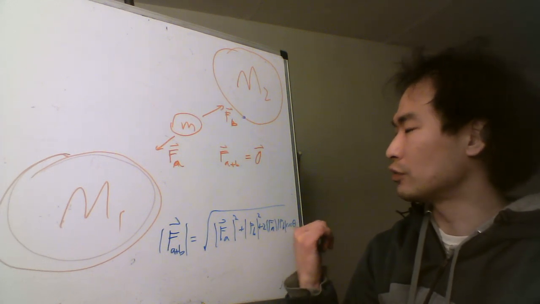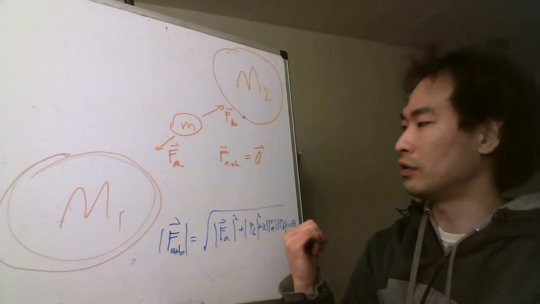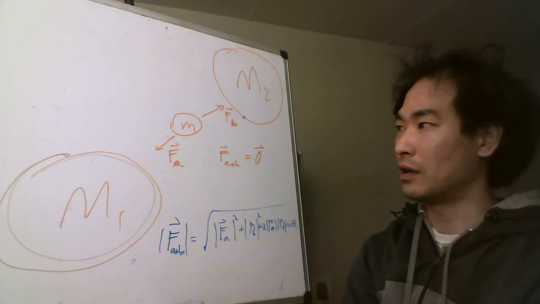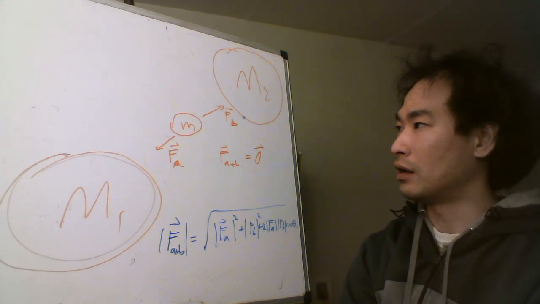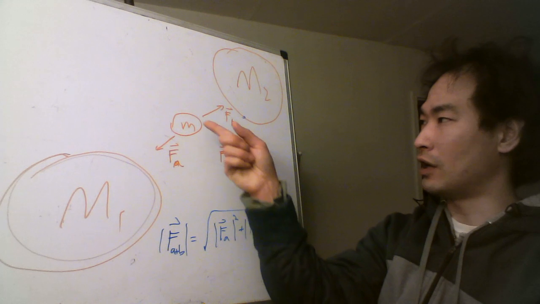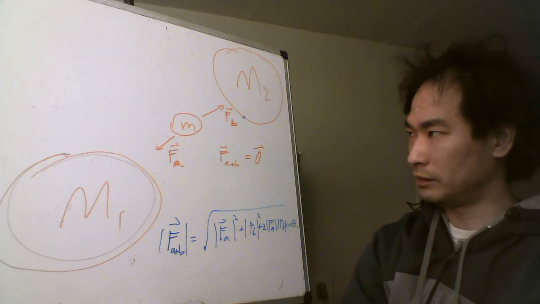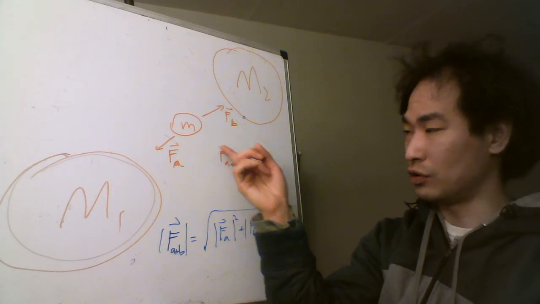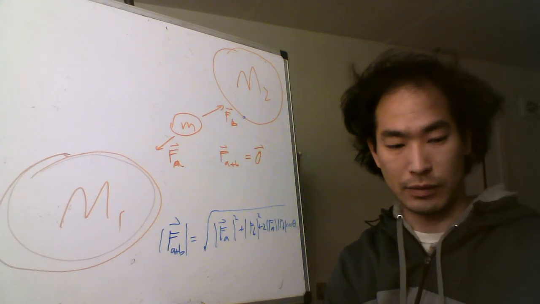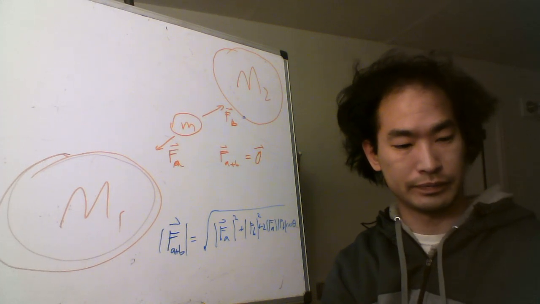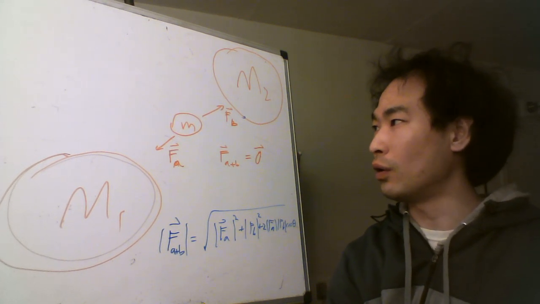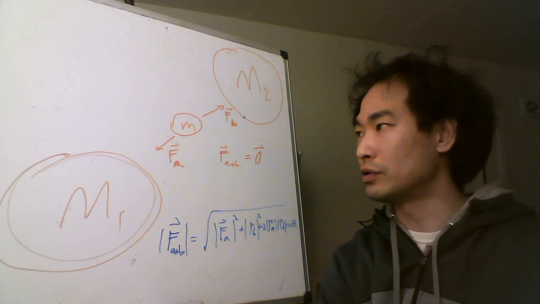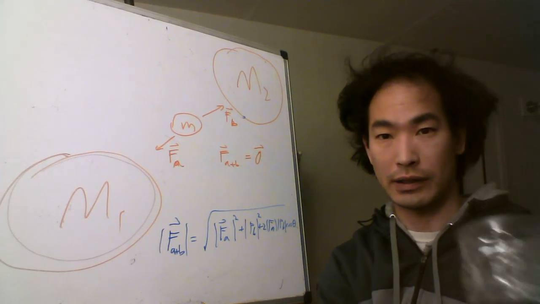Because when theta is 0, you should add them up, not subtract. When theta is 0 or when theta is 180 degrees, they should both be adding, not subtracting.